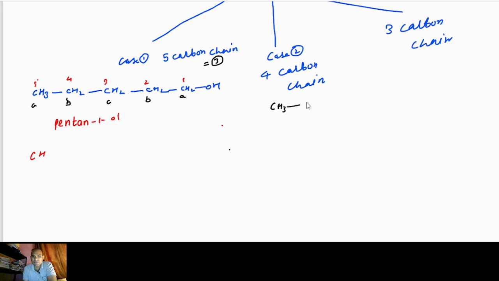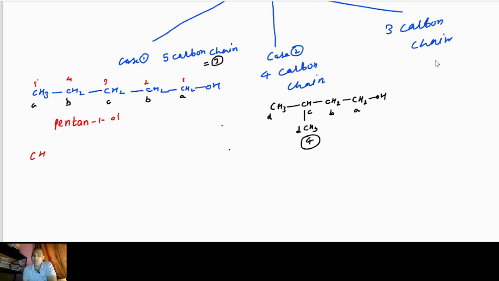In this case, we have CH3, here CH, here CH3, and we have to see how many different kinds of carbon there are, including CH2OH. Suppose this is A, this is B, here is C, and this is also D and this is also D. So the total types of carbon are 4, so 4 isomers are possible here.